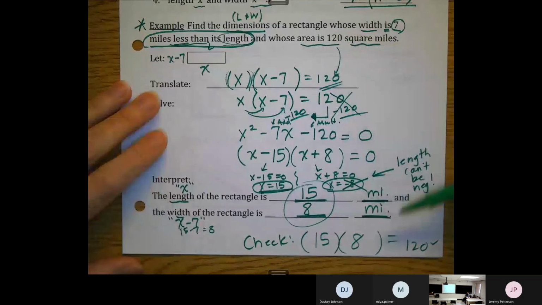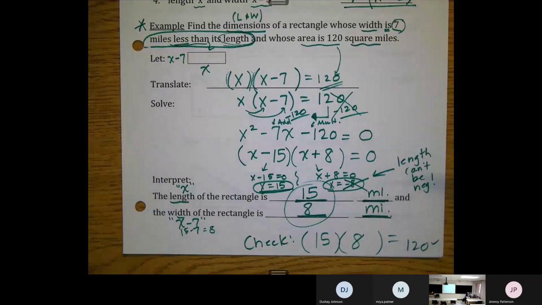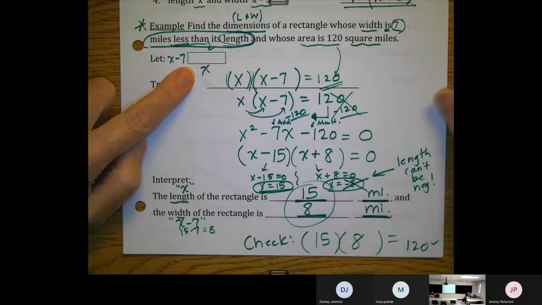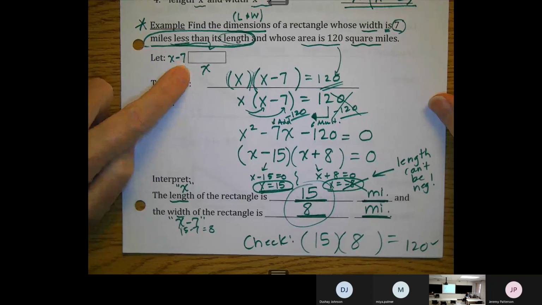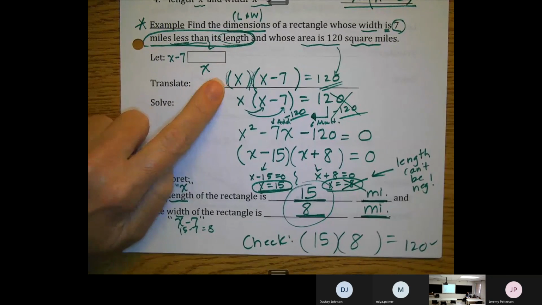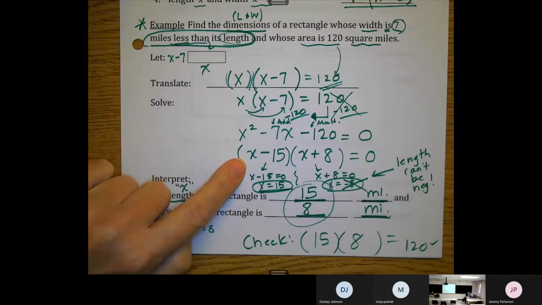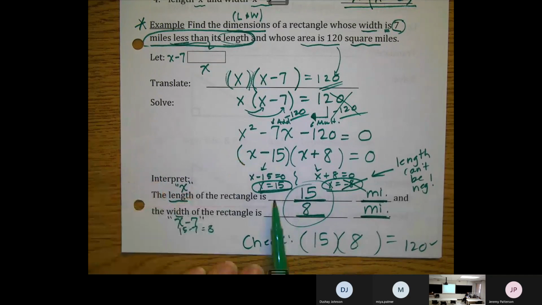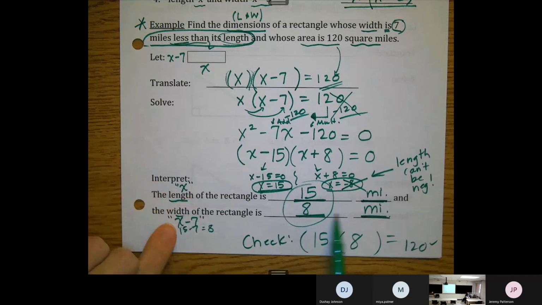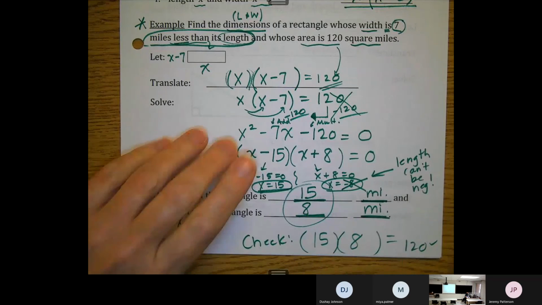So that's the plan, the process we want to follow for any of these area of a rectangle problems. Label the figure to show what the variable stands for. Write the equation so that we have something to solve. And those solutions will help us with our final answers, which we can check.